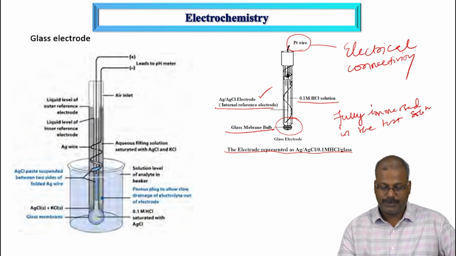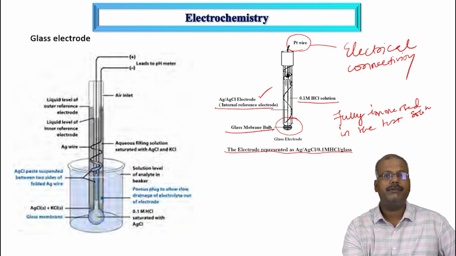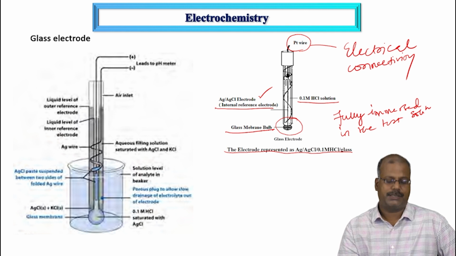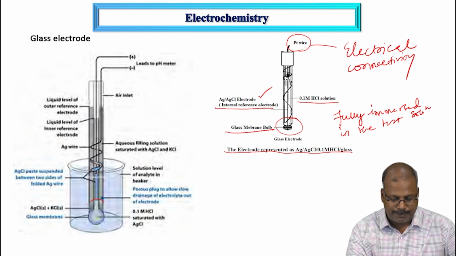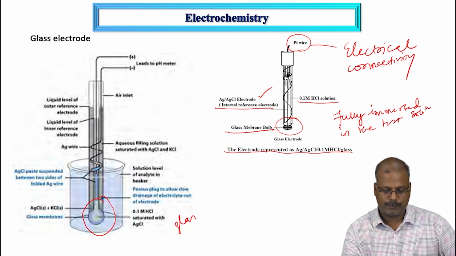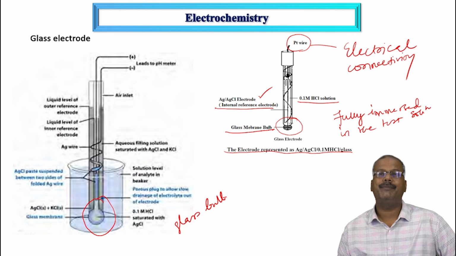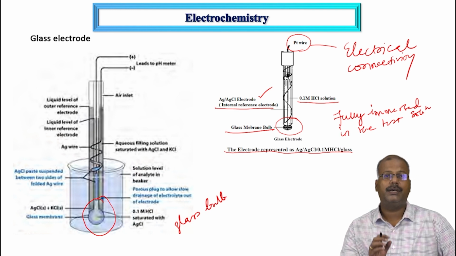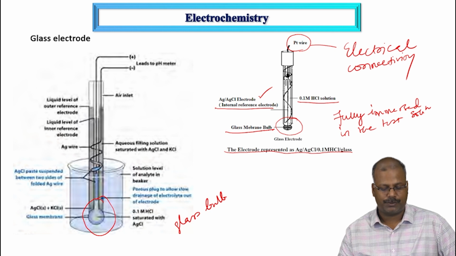The same thing we are now showing, only the glass electrode here. Here we have the test solution. As I told, this is the important part, the glass bulb, which you should protect without getting damaged or broken for the glass electrode to function properly as an ion selective electrode.